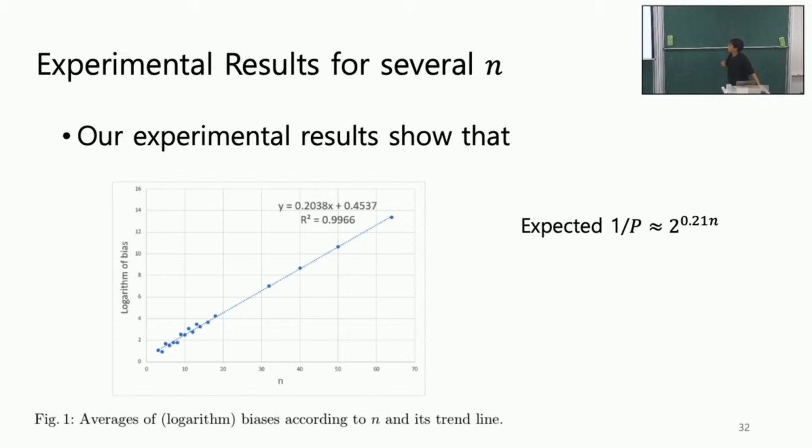Our expectation is close to 2 to the 0.21n. Then the actual value is 0.2038, which is very similar to our expectation. So maybe our assumption works well, judging from this trend line.